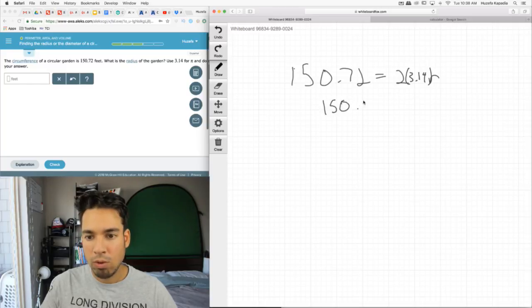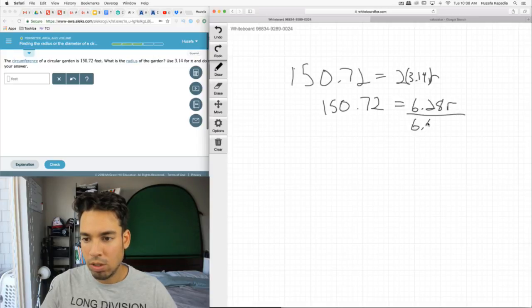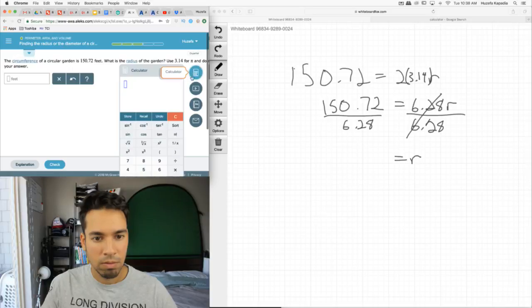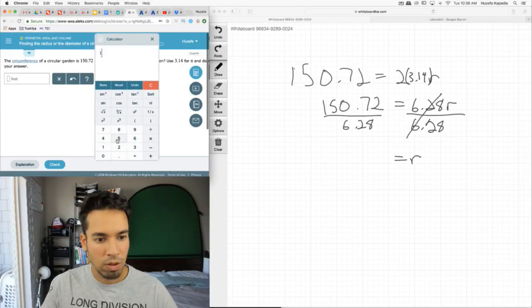So 3.14 times 2, 6.28 times radius. Divide both sides by 6.28. 150.72 divided by 6.28 equals 24.